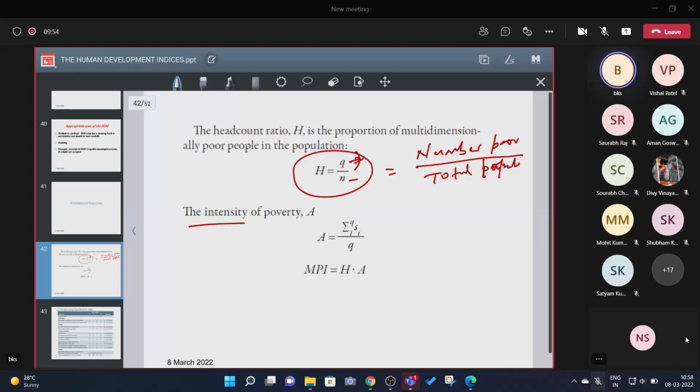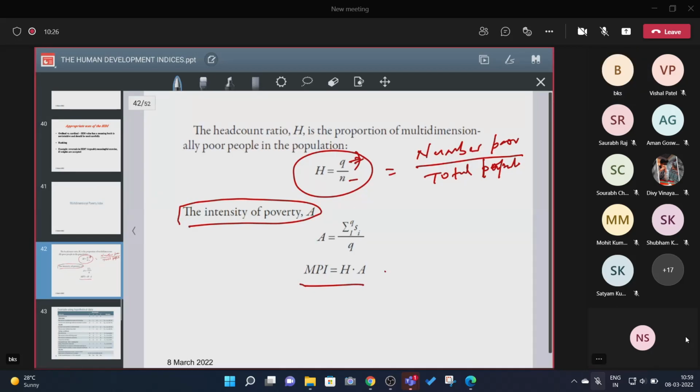Then the intensity of poverty is the weighted sum of all the poor in all the indicators we are taking. Then we can calculate our multidimensional poverty index as the head count ratio multiplied by the intensity of poverty.